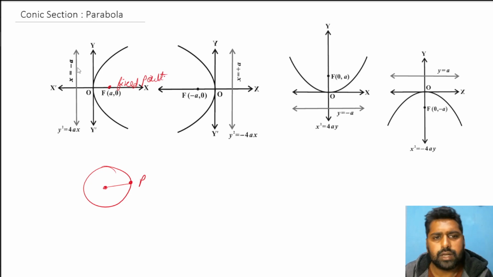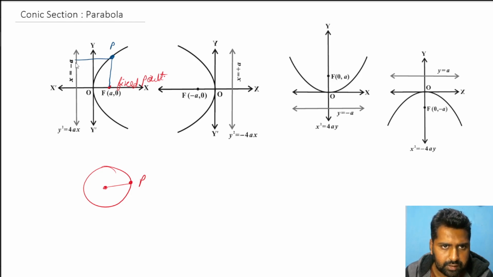Now you take any point such that the distance of that particular point from this fixed point, the focus, and the perpendicular distance of the same point P from this line, these two distances must be equal, PF and PM, let's say.